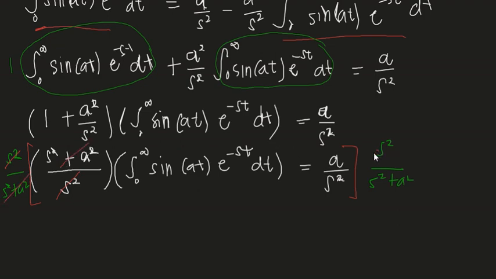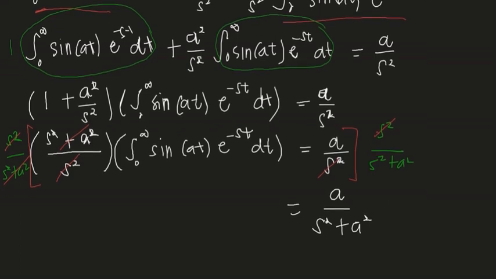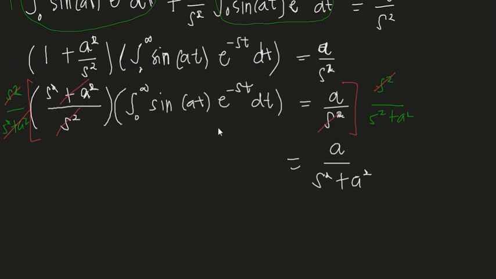The remaining, so we will have s squared. So that means, yung aton nga Laplace transform will be equal to a all over s squared plus a squared. And this is for your Laplace transform of sine at.